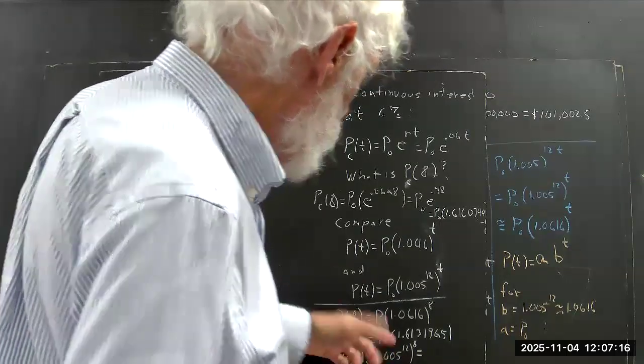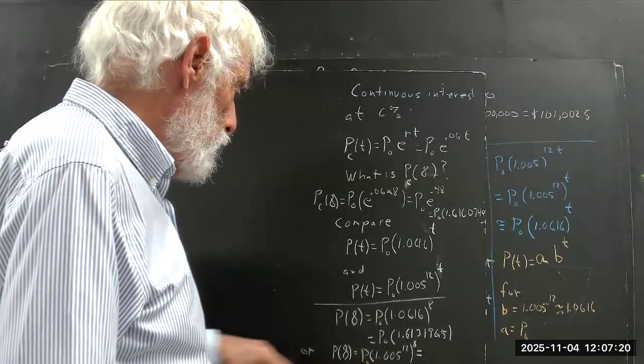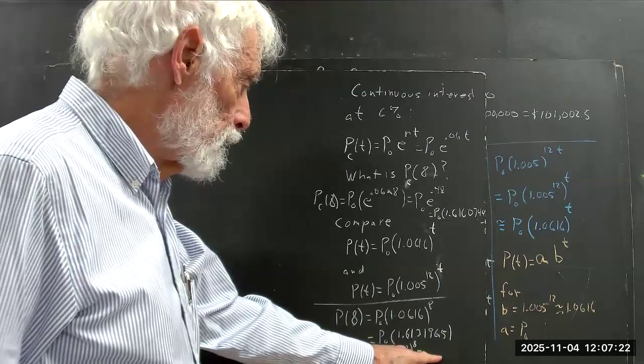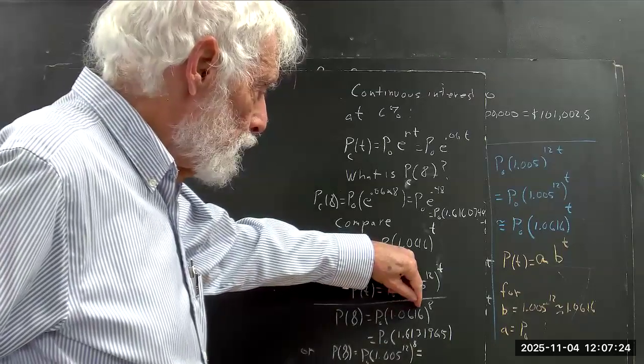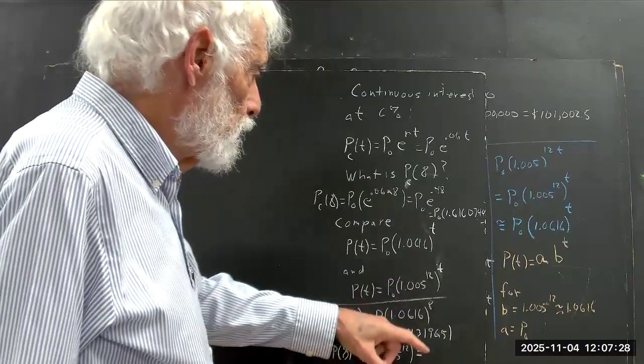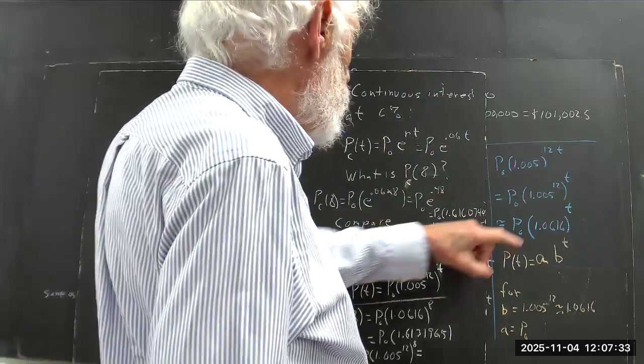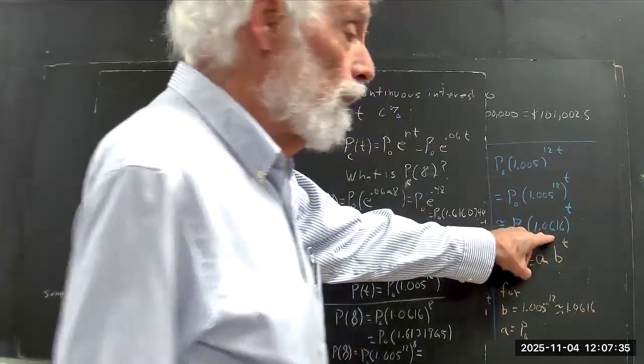Then if you did this one, you'd come out with something a little bit different because the 616 wasn't the whole number you got when you raised 1.005 to the 12th.